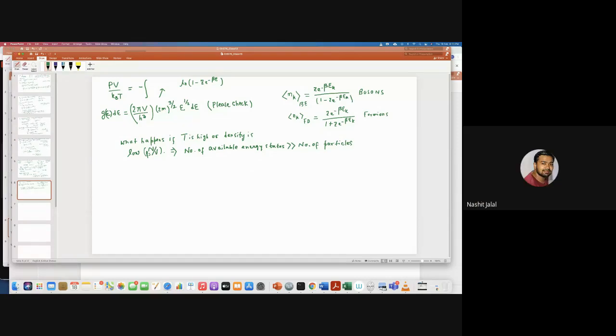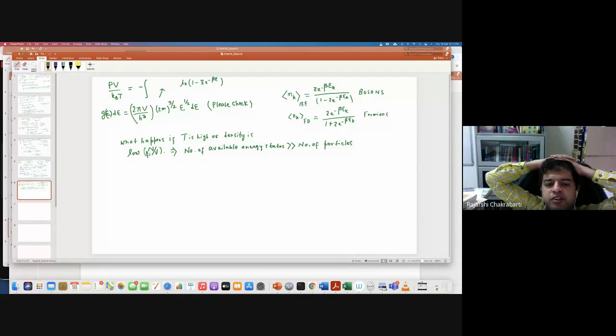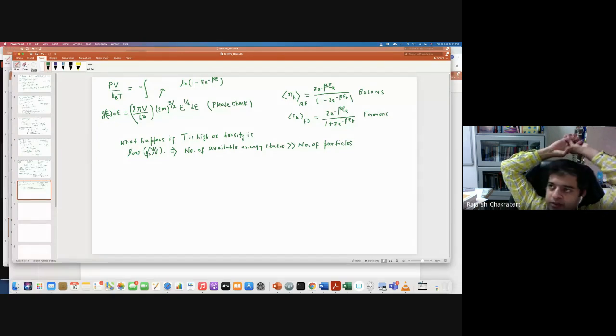Can you explain density when density is low? Density is low basically means that you have a huge volume, and in that huge volume you have only a few particles sitting around. For example, in the particle in a box problem, if your density is low, your volume is high, your length is high.